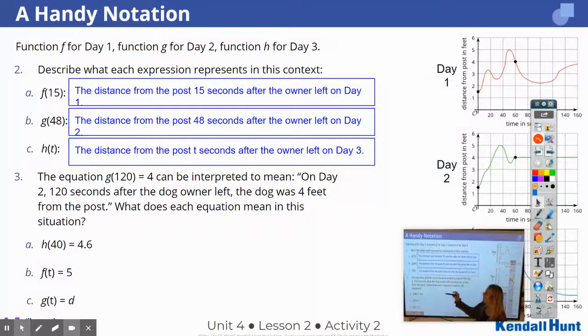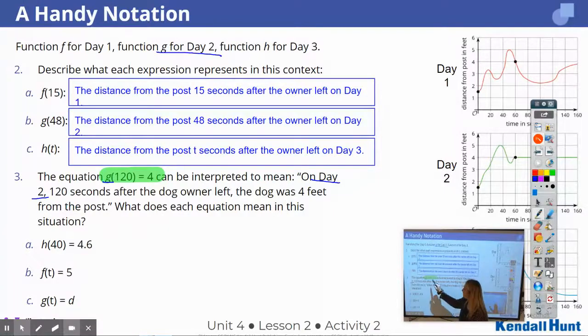Okay. Now I want you to take a minute and look at the difference between g of 120 equals 4 and our expressions at the top. We now have an expression set equal to the distance. So it tells us the distance that we have. So g, we know that g is going to be day 2, because g is day 2.